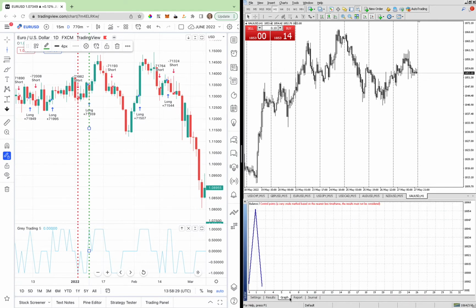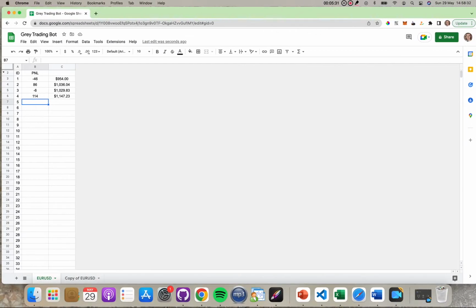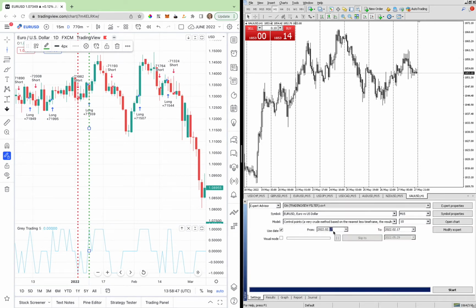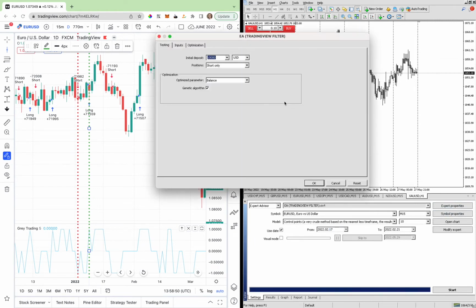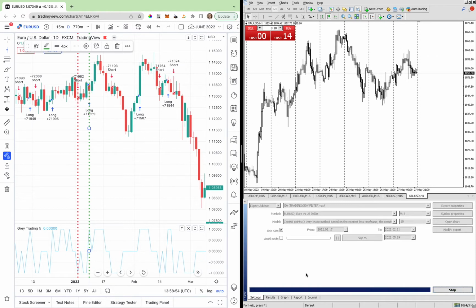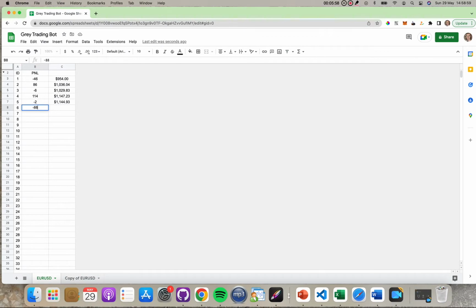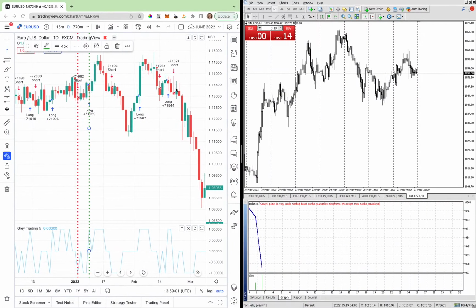Okay, it's a $2 loss. You can put that in, but it's really insignificant. So 17th of February to the 21st, and then there's a big one. Minus 88, and the big one.